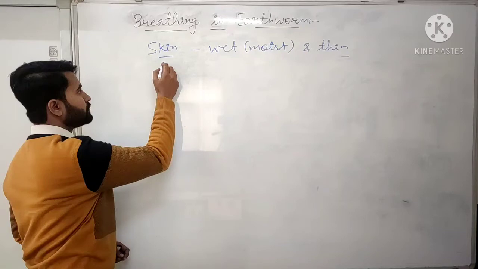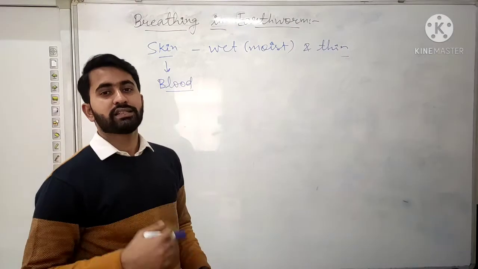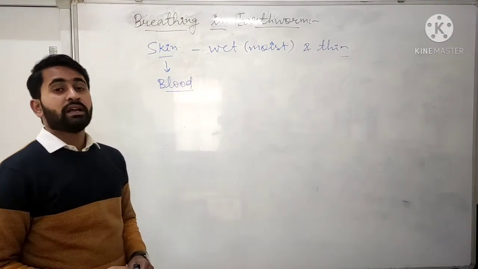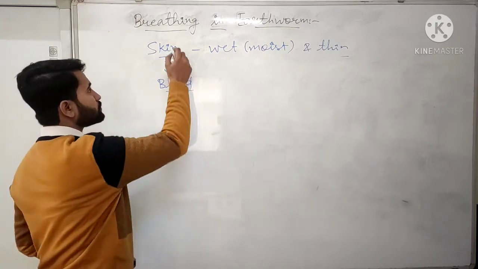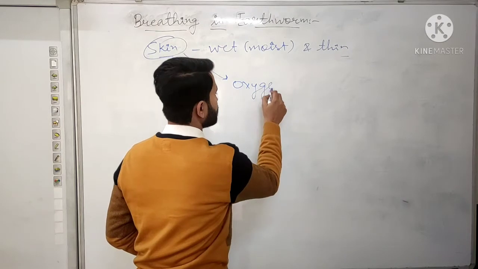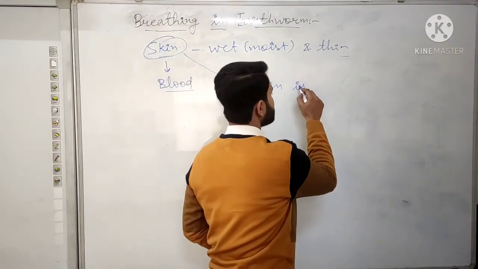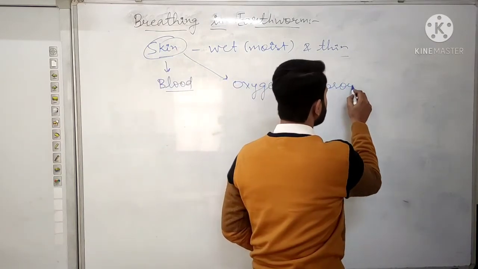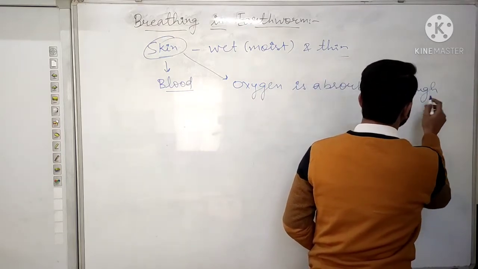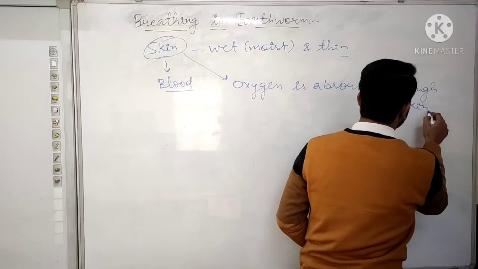So in the earthworm, the oxygen required for respiration in the cells is absorbed through the skin.